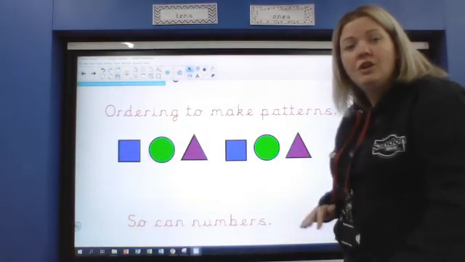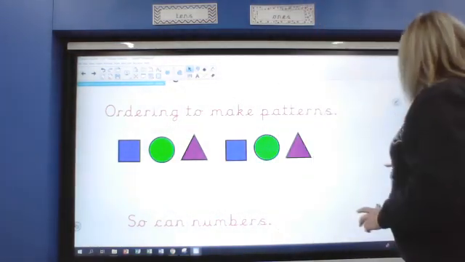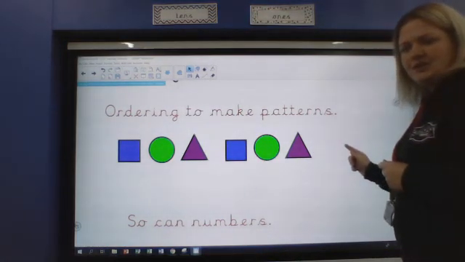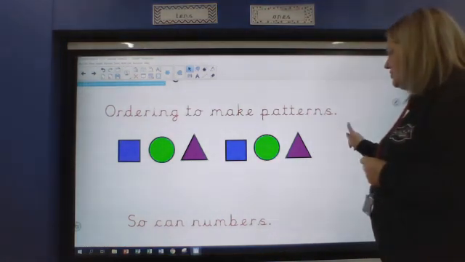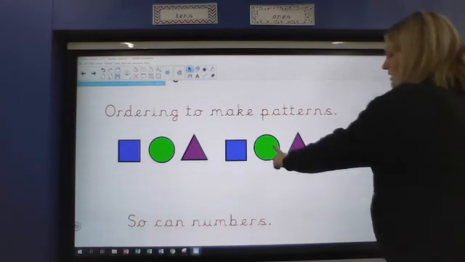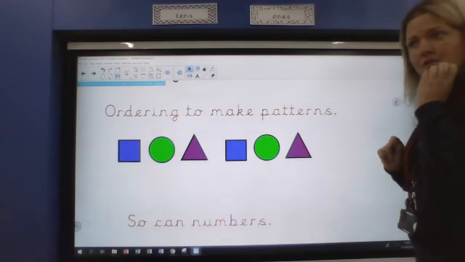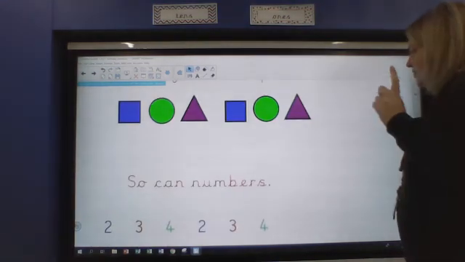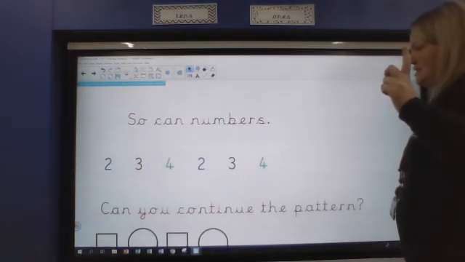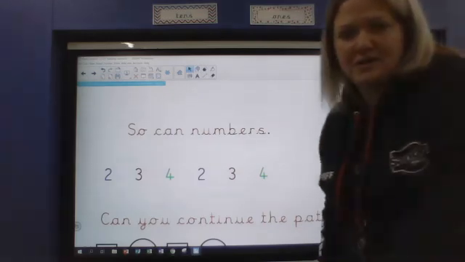So if I wanted to carry that pattern on, I'd need to put another square, then another circle, then another triangle.